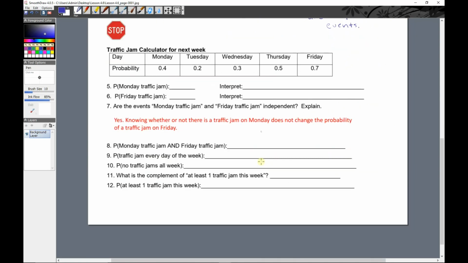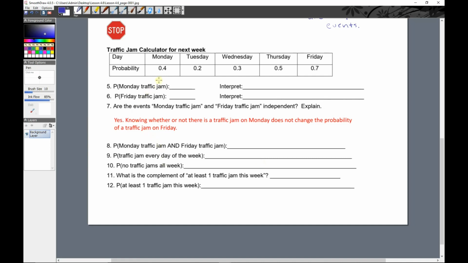Let's move on past the stop sign and get to their traffic jam calculator for the week. And they're just, again, assigning a probability of what they think is the most likely outcome for a traffic jam on any one of these days of the week. It's not a probability distribution, again, because the probabilities add up to more than 1, but they just have the chance for each day.